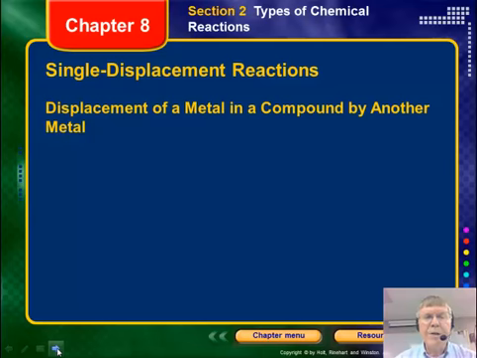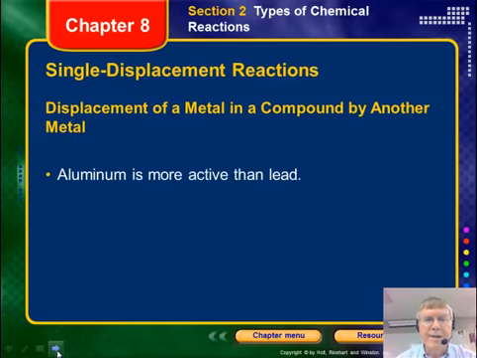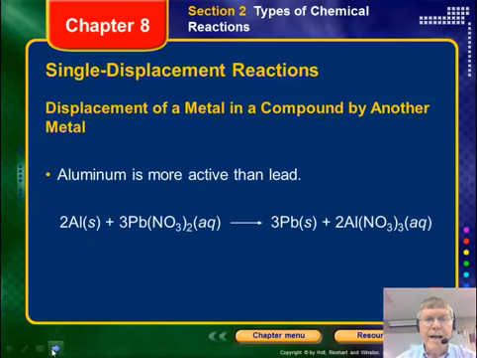Now, there are a number of special cases that you need to be aware of. The first one is the displacement of a metal in a compound by another metal. And this is probably the most common type of displacement reaction you'll run into. We will deal with activities of these metals and nonmetals, for that matter, when we get into the third section. For now, aluminum is more active than lead, so aluminum will replace lead in a compound.